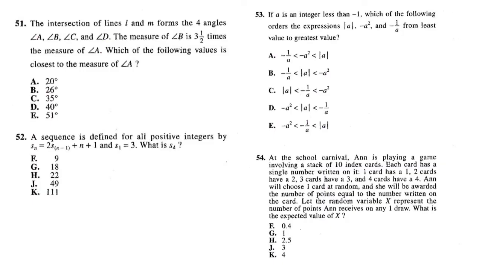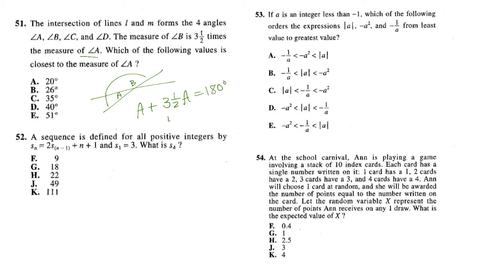Okay, for our next problem, we have the intersections of L and M form 2 angles. So I'm just going to intersect some lines here. And the measure of angle B is 3.5 times the measure of angle A. So which of the following would be closest? So if we've got angle A here, over here can be angle B. And so notice that angle B is 3.5 times the measure of angle A. So A plus B, but B is 3.5 times A, and that measure from here to here is going to be 180 degrees.